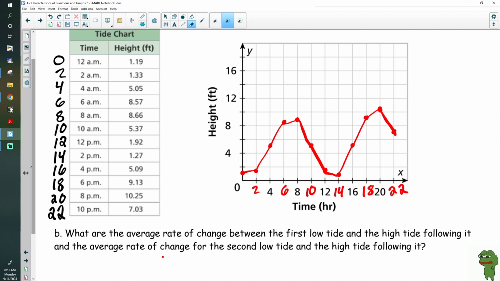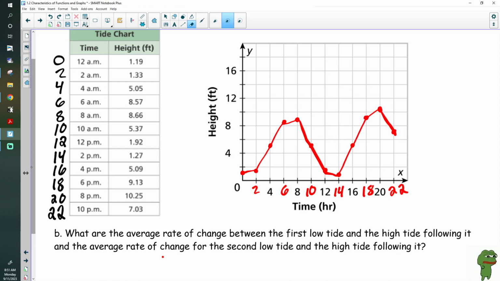So where is the first low tide? 12 a.m. Yeah, 0. Yeah, I would say 12 a.m. is the start of the second. So from 0 till when's the high tide? 8. 0 to 8. We go low to our highest point. That's our first low to high tide.